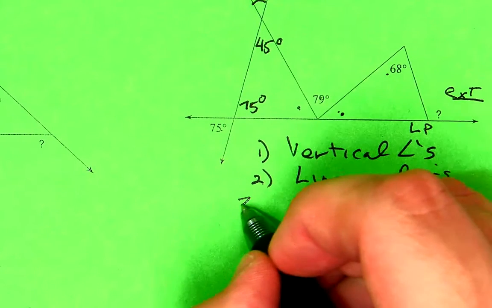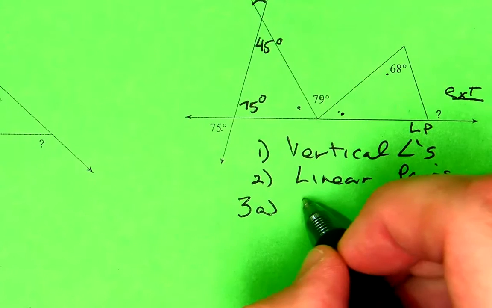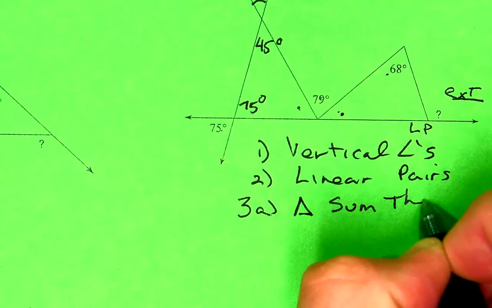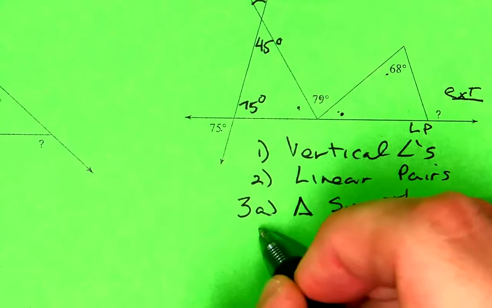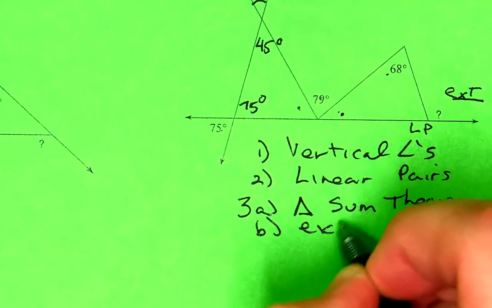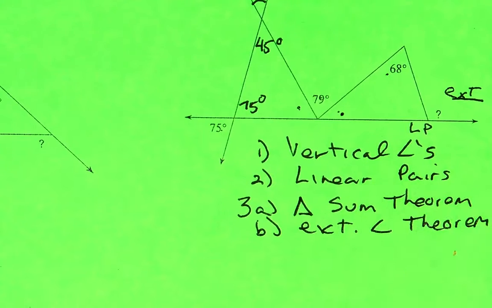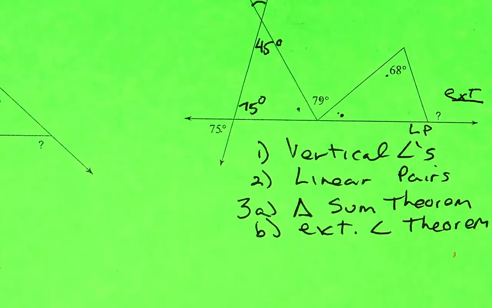Then 3a and 3b, you're going to get the triangle sum theorem, or you're going to look for an exterior angle theorem. And you're going to move from there. So always look for vertical angles and linear pairs because those are your easy ones. Those are the easy ones that you can get right off the bat. And then you can move on from there.